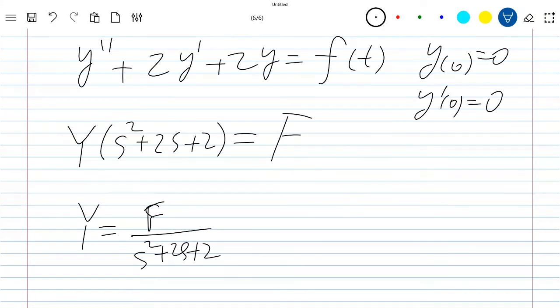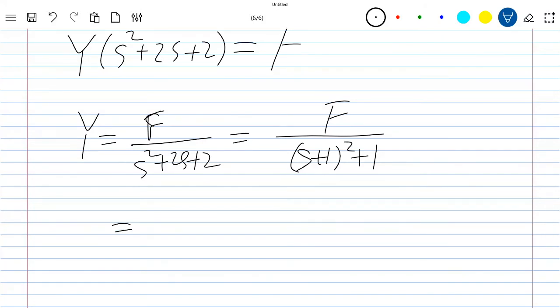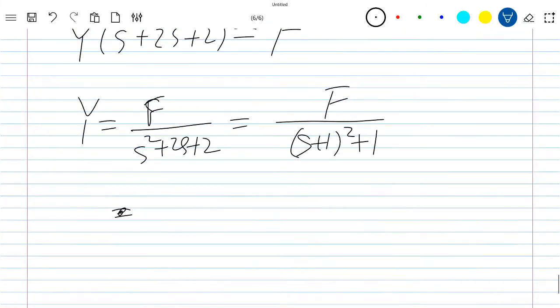Well, anyway, let's just try that split. So you will have s plus 1 squared plus 1, yes, right? So let's see, how do we do the inverse transform?